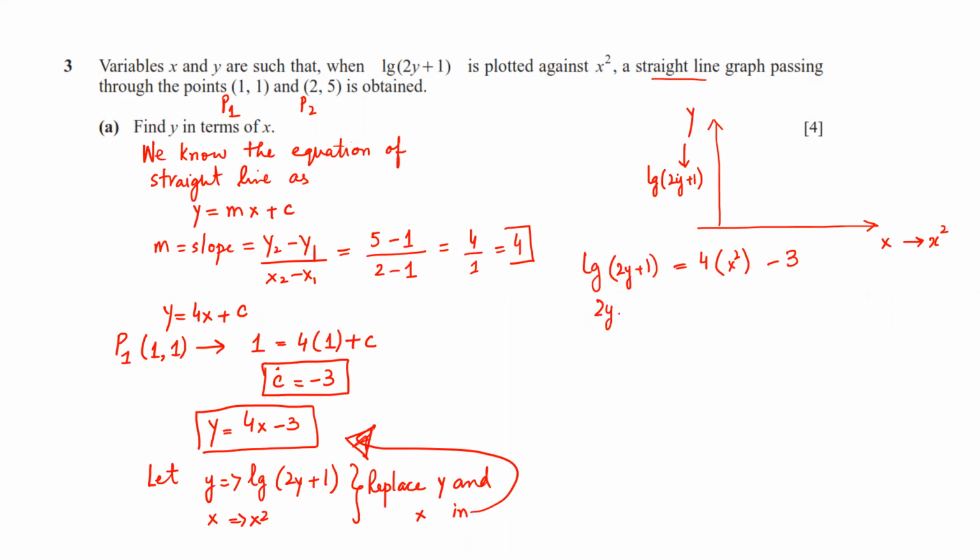So it will look like 2y plus 1. If I take log on the other side, it will be 10 to the power 4x square minus 3.